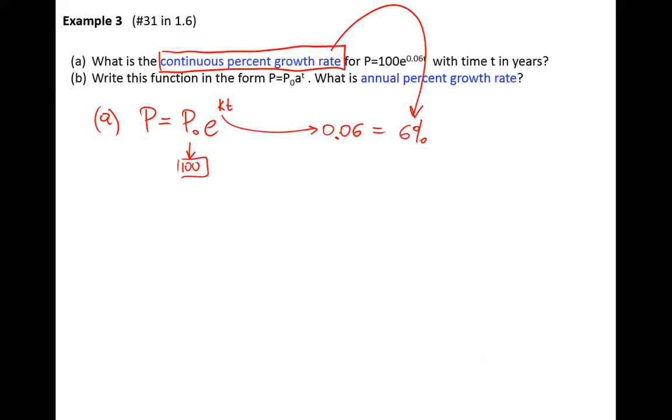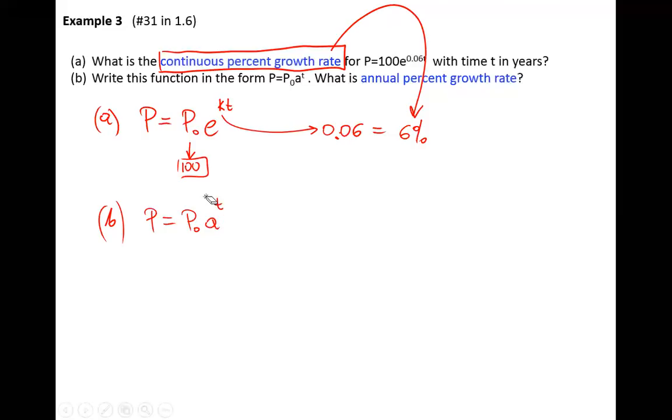Okay, that's it. Now let's compare the continuous percent growth rate to the annual percent growth rate. Let's see if they are the same, because we will use exactly the same equation. We will just rewrite it to the form of P sub 0 a to the power of t.